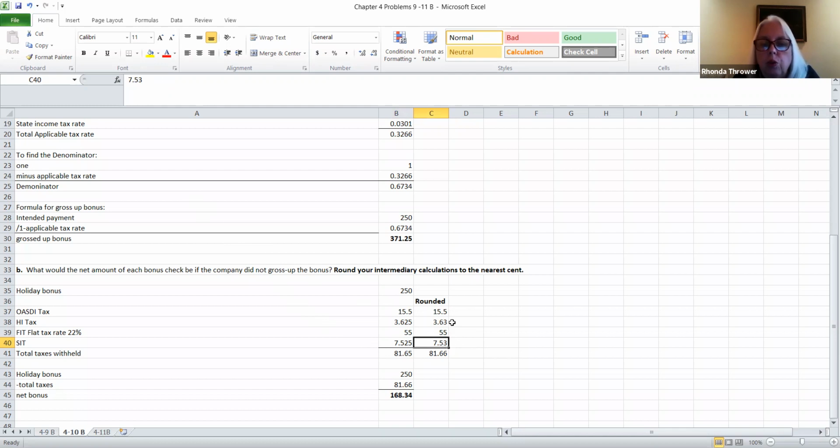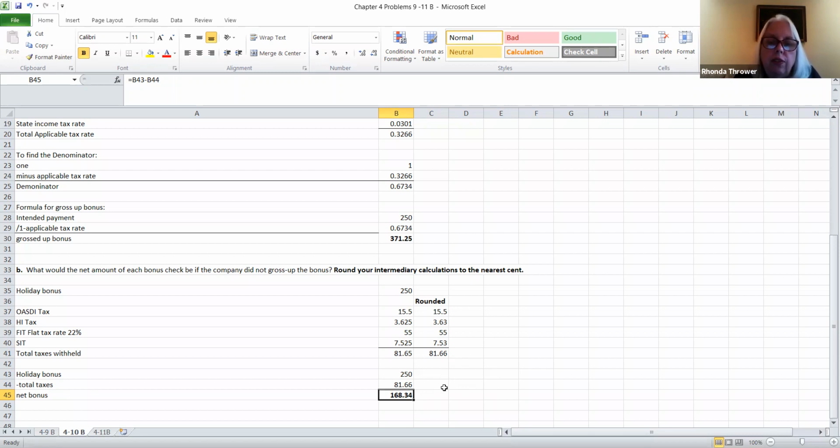When you add all of these tax amounts together, the total taxes withheld will be $81.66. So you would take the amount of the bonus, subtract the total taxes that were withheld, $81.66, and that will leave you with a net amount that you paid to your employees of $168.34.